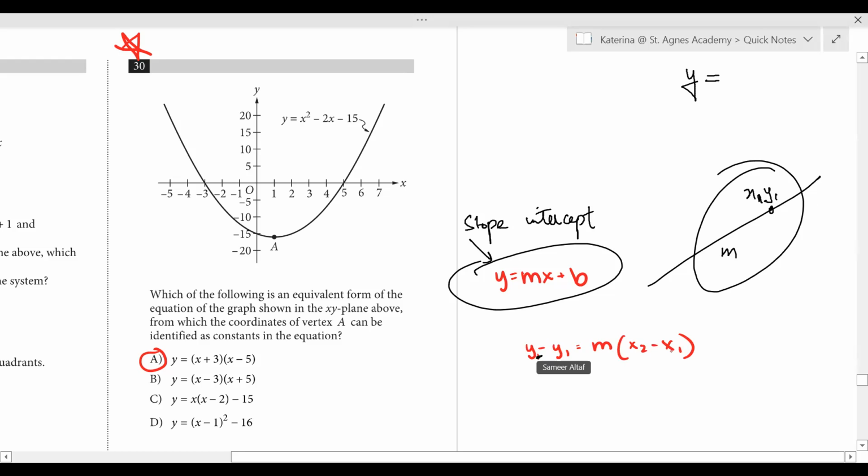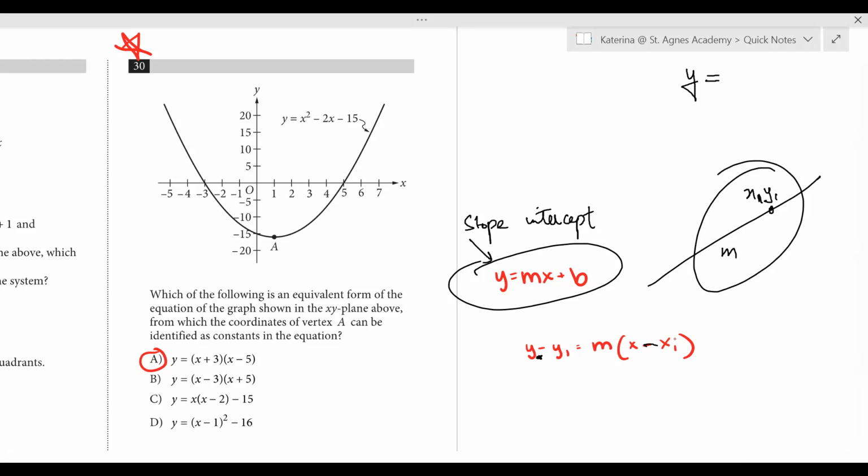No, it's y minus y1, not y1 minus y2 or y2 minus y1. It's y minus y1 equals m times x minus x1. Correct.